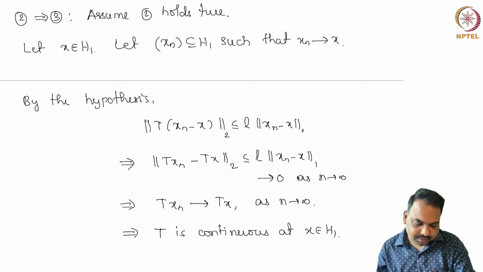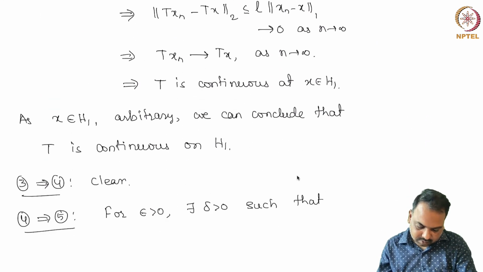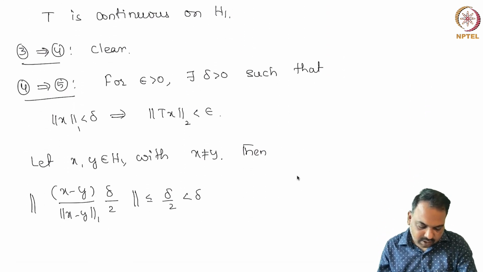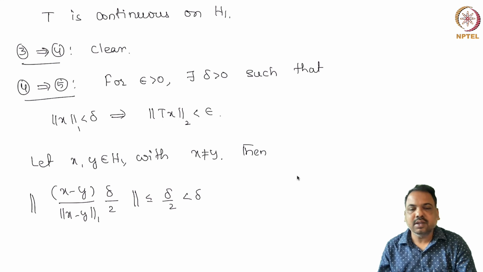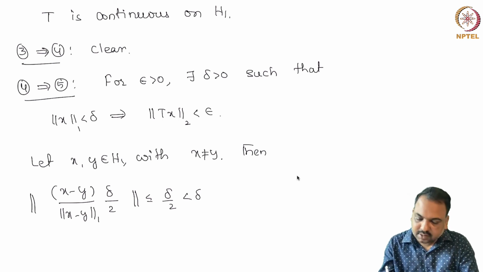Now we know that whenever norm x is less than delta, then the corresponding norm of the image is less than epsilon. So for this element, let me call this star.